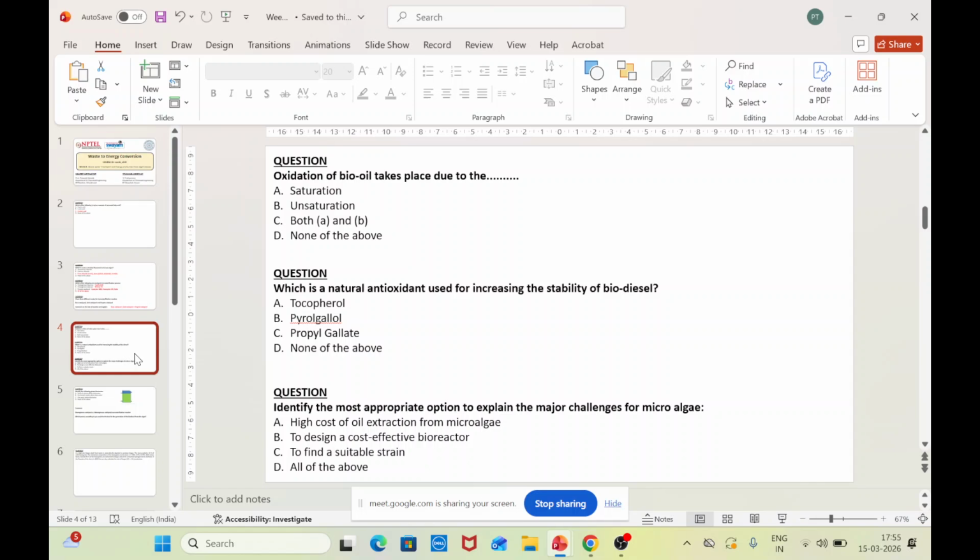Oxidation of bio oil. The key word to this answer lies in the word oxidation.